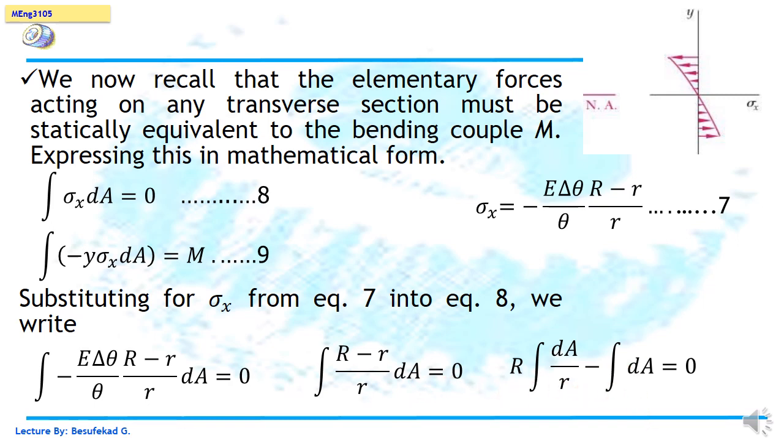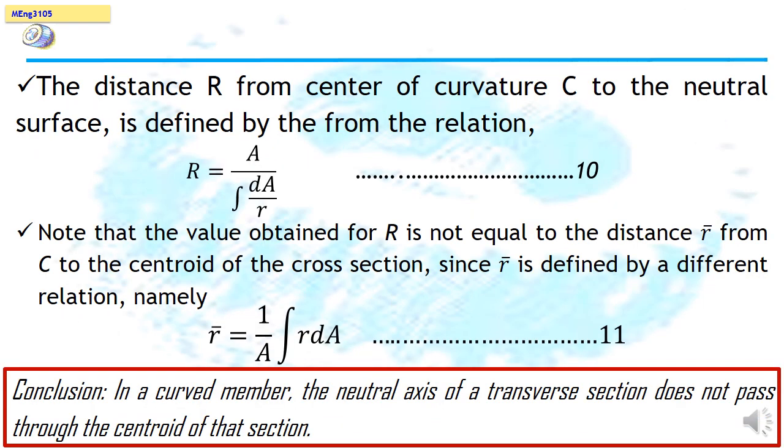Where it says that finally, the distance of the neutral surface from the center of curvature is given by how much? It's given by A over the integral of dA over r.